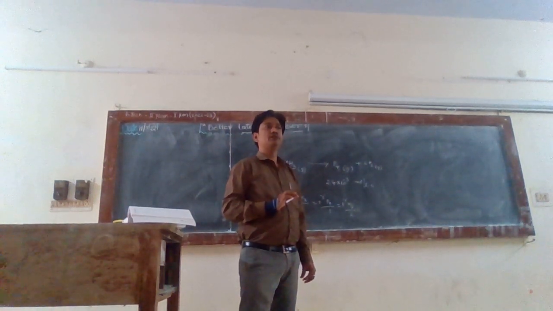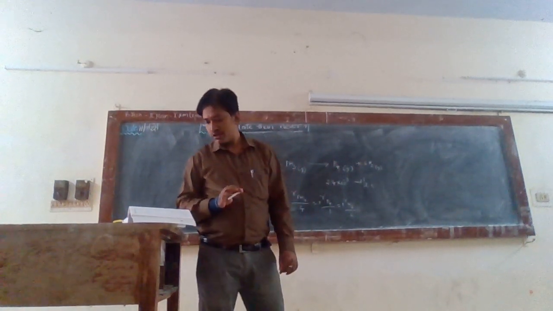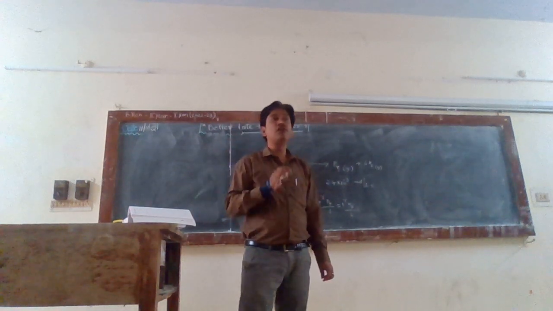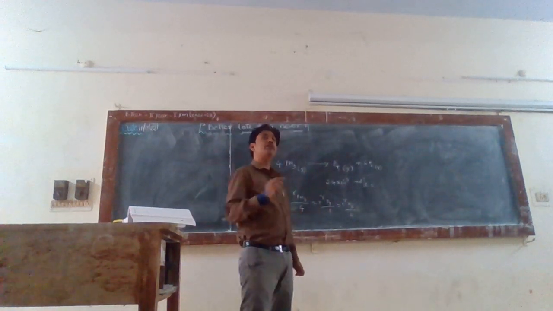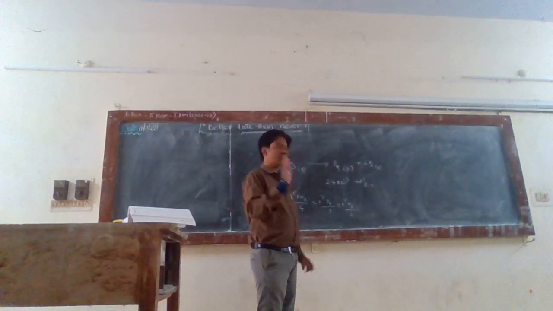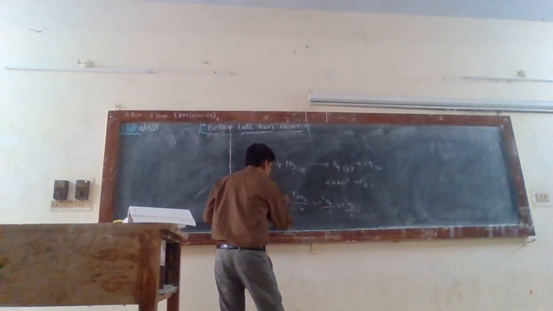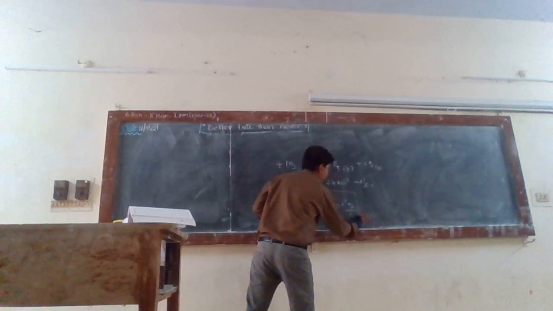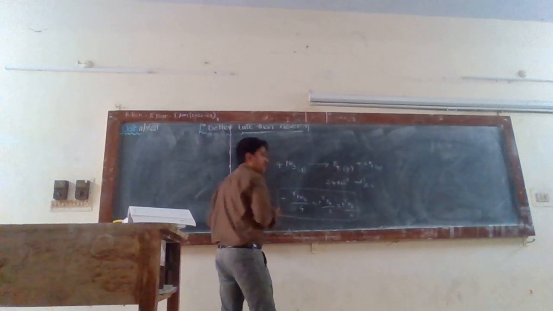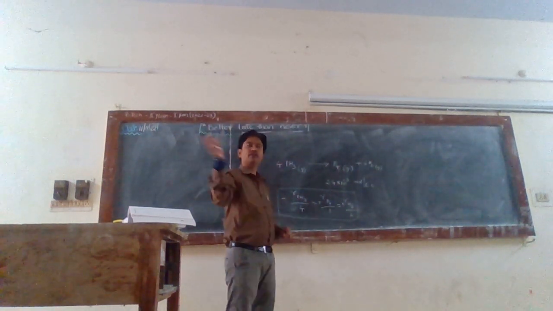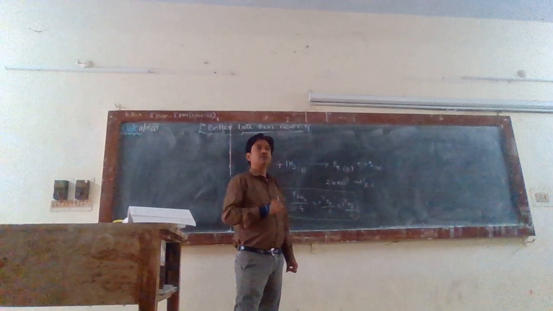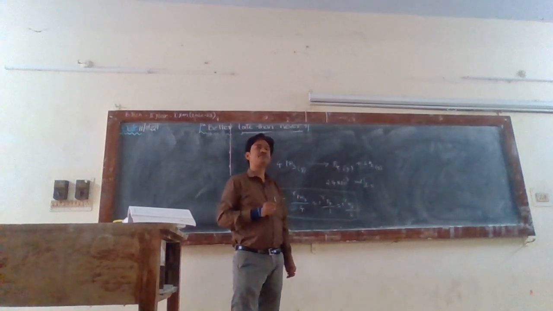Fine. Now what is the second question? What is the rate of formation of P4 and the rate of formation of hydrogen? Let's understand this relation, what you have written here, so that the second question can be answered very clearly.